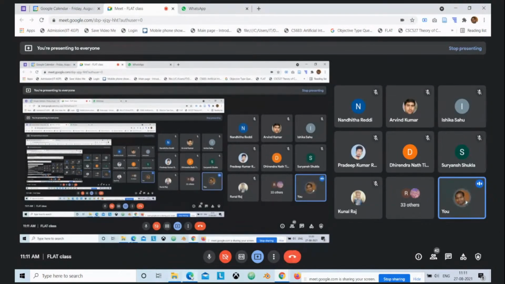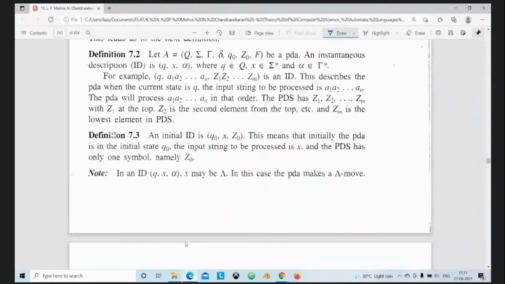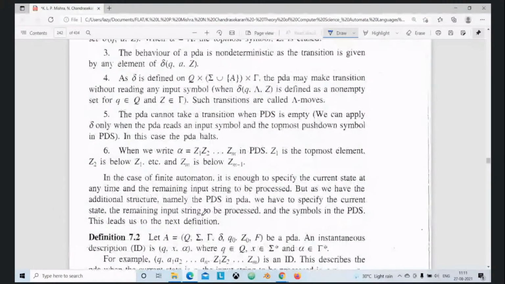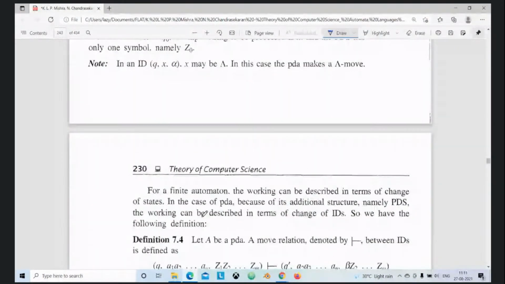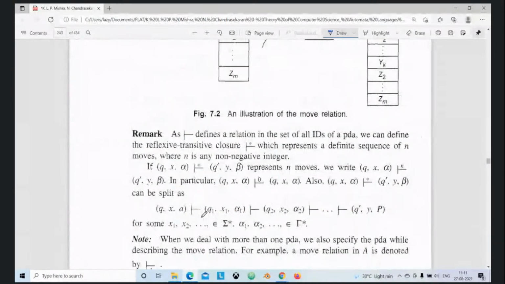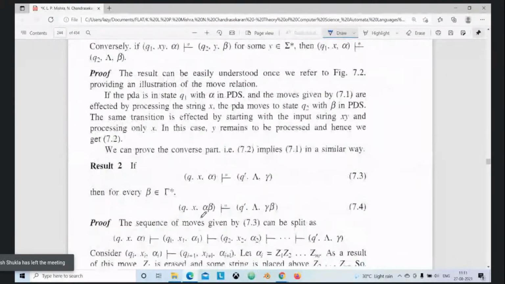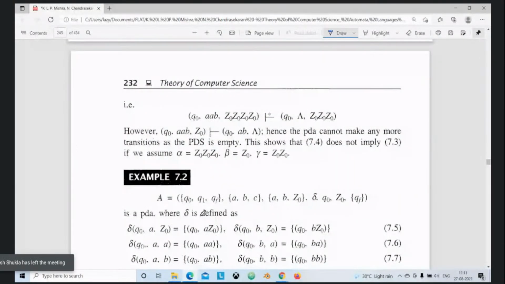Yeah, the concept is clear to everyone? The PDA concept, everybody is getting the concept of how we are designing the transition functions.